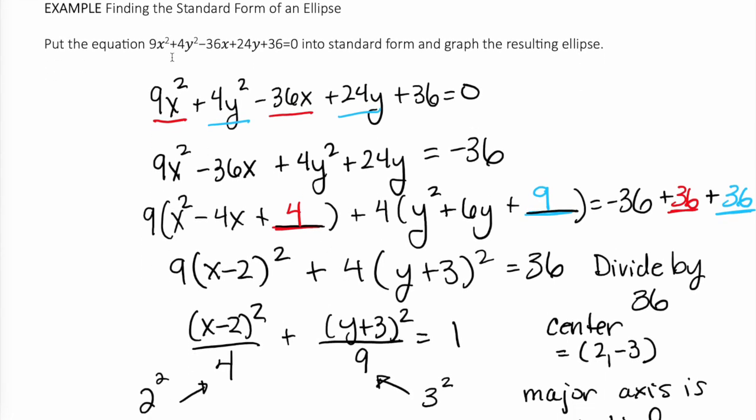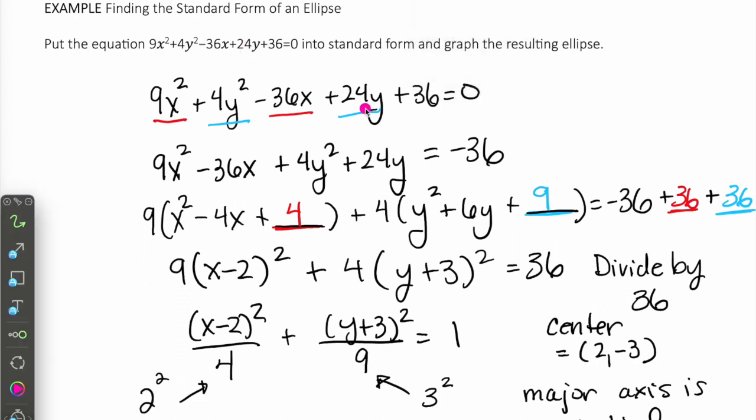Okay, so what I'm going to do first is put my x terms together and my y terms together, since I'm going to complete the square. So my y terms I highlighted in blue, and the x terms I highlighted in red. And so I put those together. So here are my x's, here are my y's, and then I took my constant and pushed it to the other side.